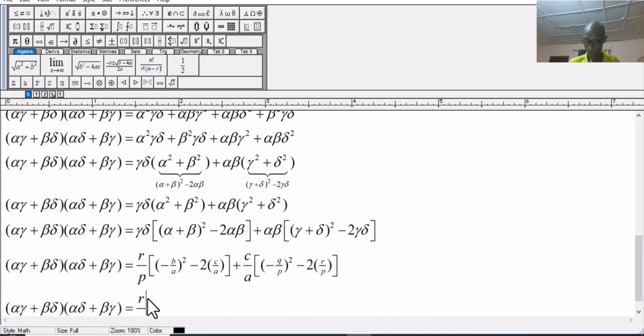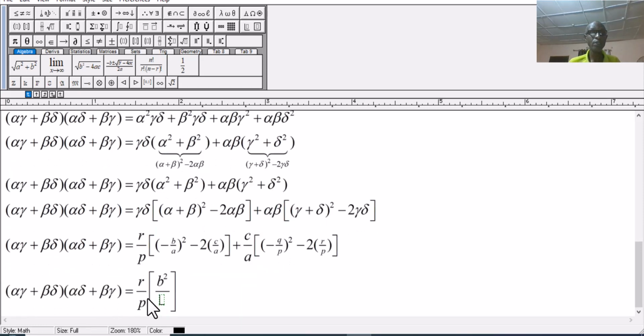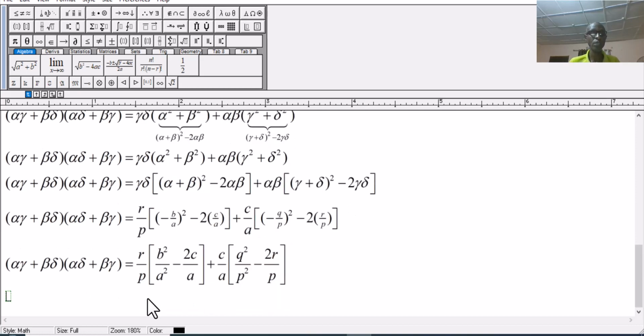So in this case now I have b squared over a squared minus 2c over a, that's for that, then c over a bracket opened, we have q squared over p squared plus now minus 2r over p. So let's see what we can still do, whether you can still simplify it further.